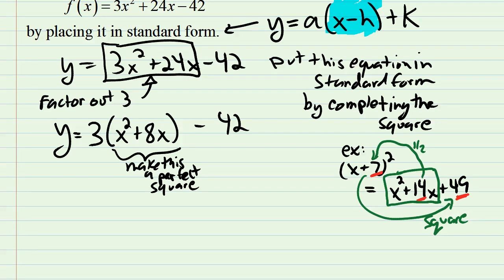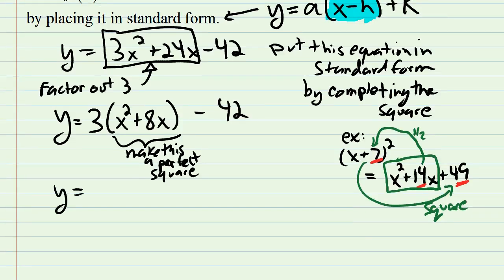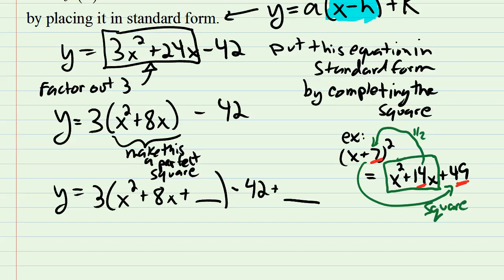Let me rewrite that with a blank space. y equals 3 times the quantity of x squared plus 8x plus something that we're going to add, minus the 42, and then plus something that we're going to take away.